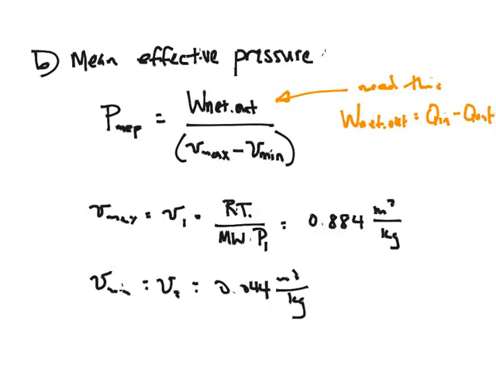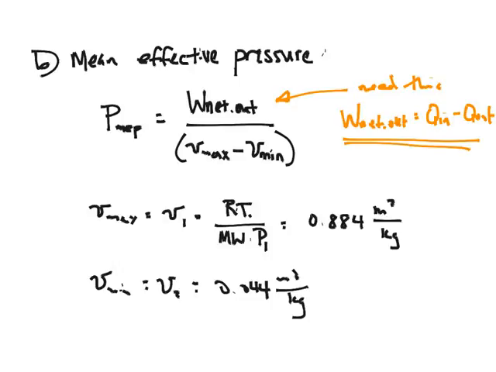That's just from a simple energy balance. Because our final and initial states are the same, the change in energy of the system is 0 when a cycle is completed. And so what we're left with from our energy balance is just that the net work out equals Q in minus Q out.